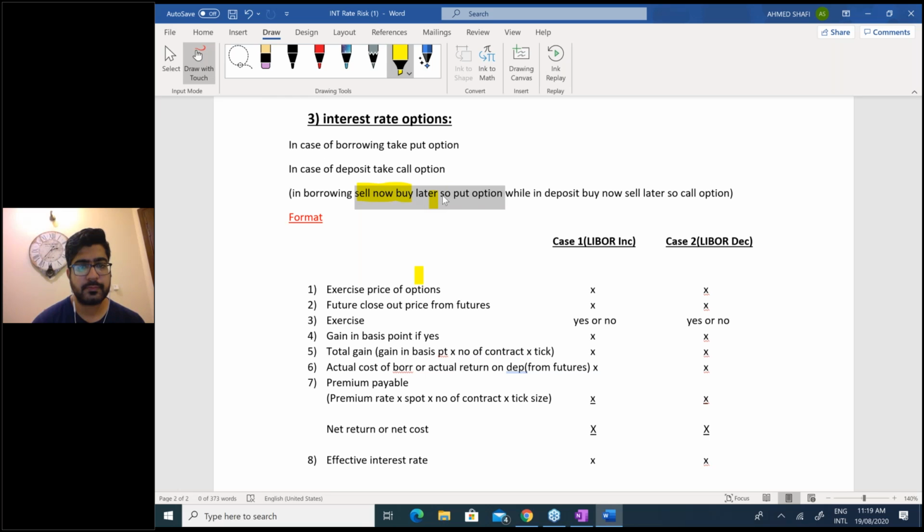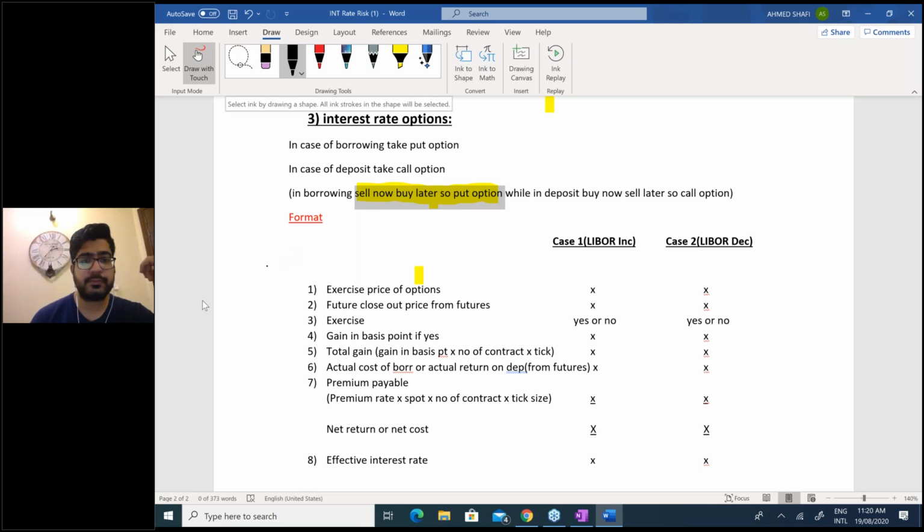So if the strategy is sell now, buy later, selling means take put option. While in deposit, the strategy you just discussed in the previous part was buy now, sell later. So call option.